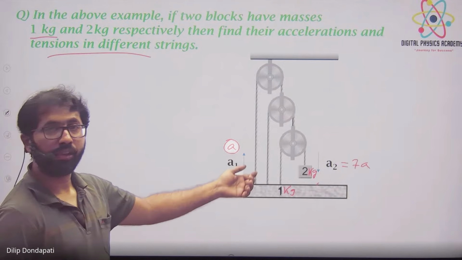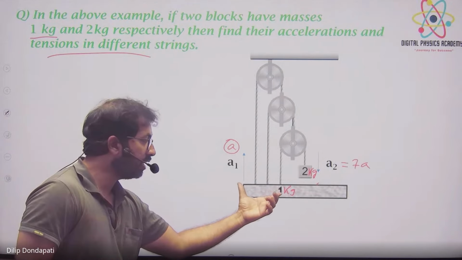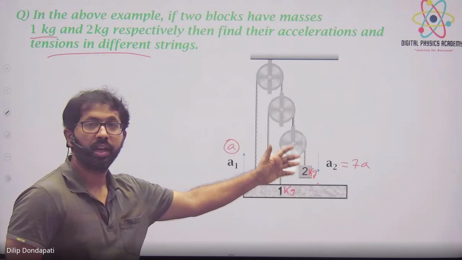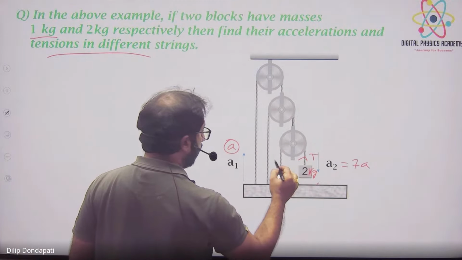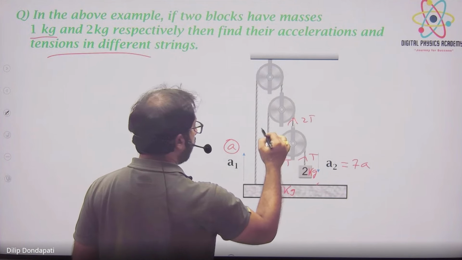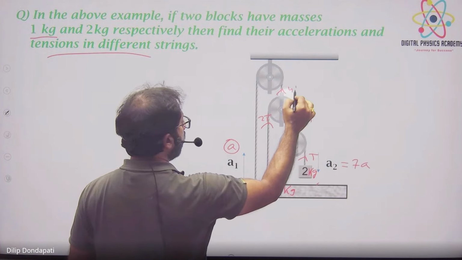Now apply the free body diagram for this 1 kg block separately and the 2 kg block separately, and apply net force equal to ma. So we got this, right, before T, T, 2T, 2T, 4T, 4T.